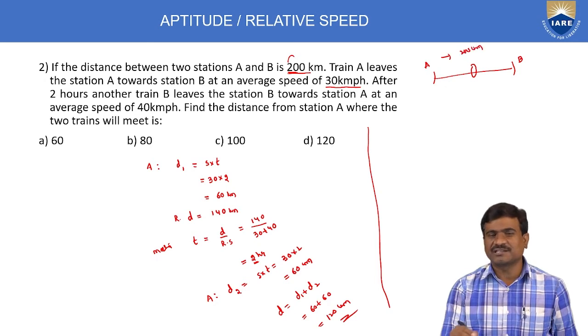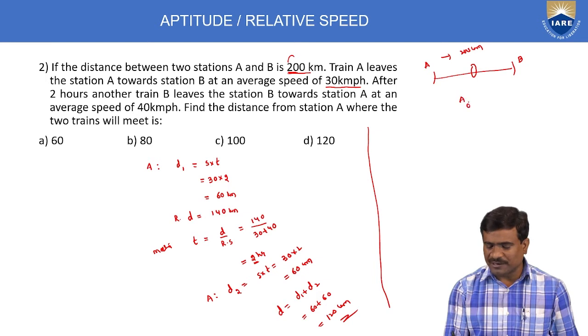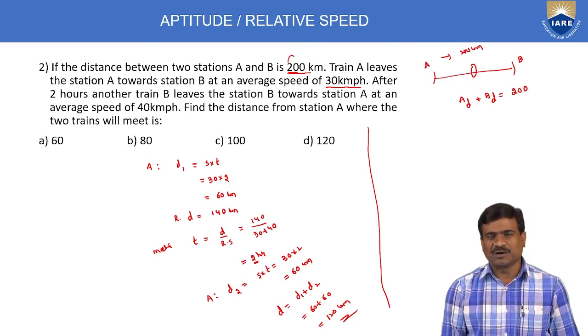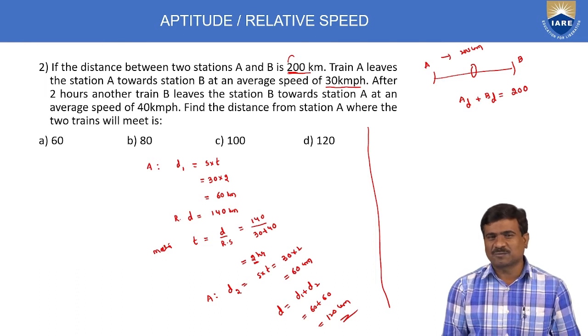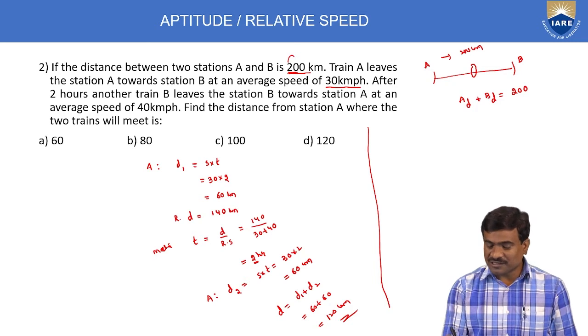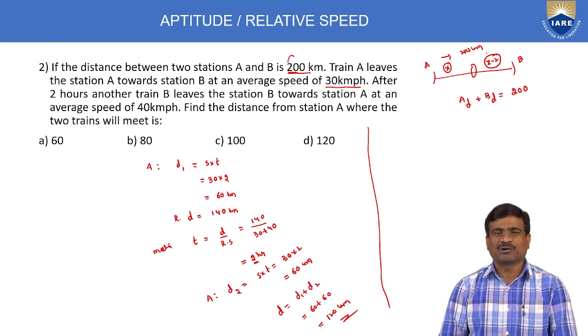The total distance is 200. A's distance up to the meeting point plus B's distance up to the meeting point is equal to 200. Suppose A's time up to the meeting point is x hours, then B's time up to the meeting point is x minus 2. This is the important part.